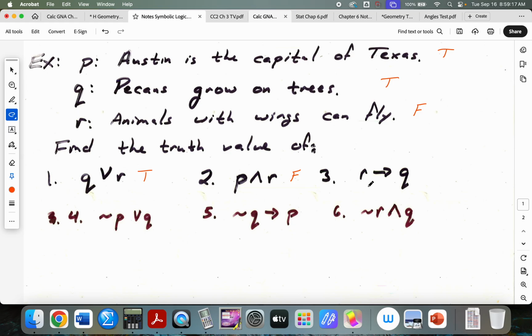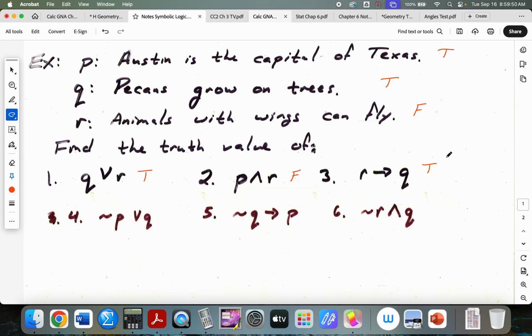This is the one, we've talked about it already, but this is the one that bothers students the most. R implies Q. True. Why is this true? If there's an incorrect first statement and a correct second statement, that's true. Okay, let's see if we can use the terms. If there is a false hypothesis and a true conclusion, then it's still true.